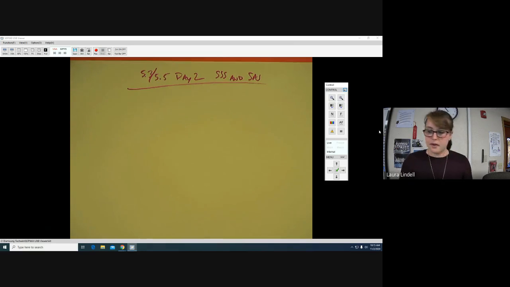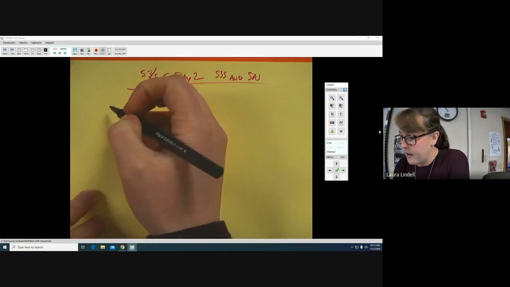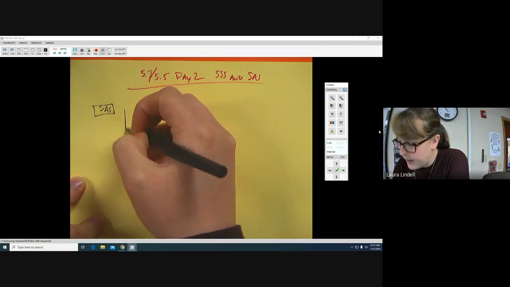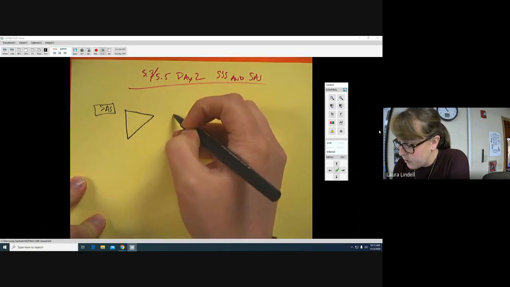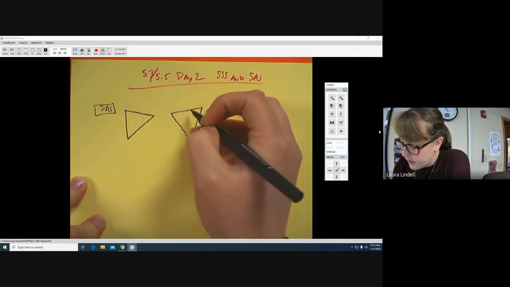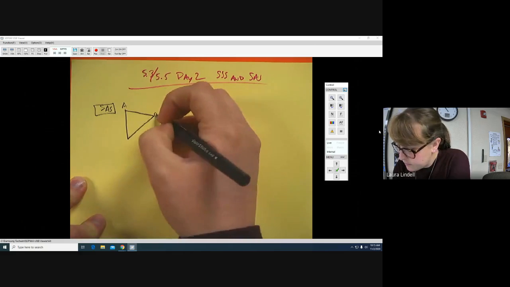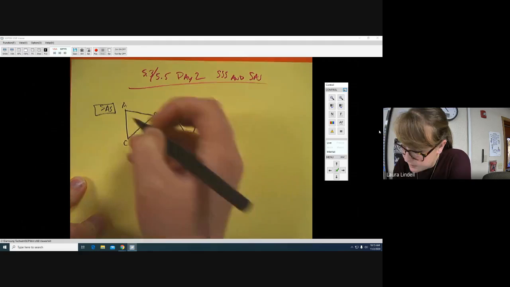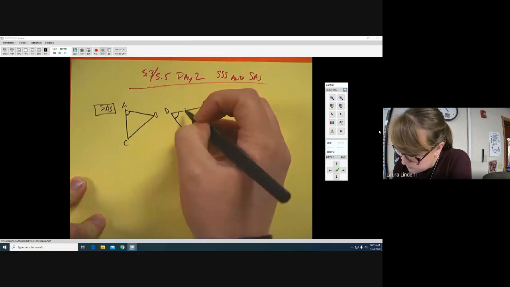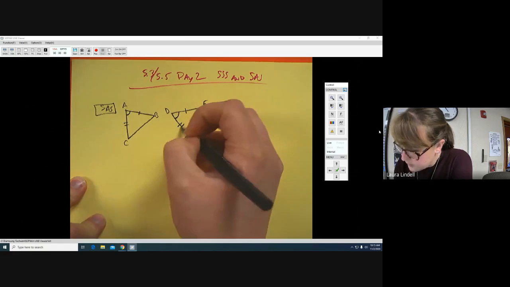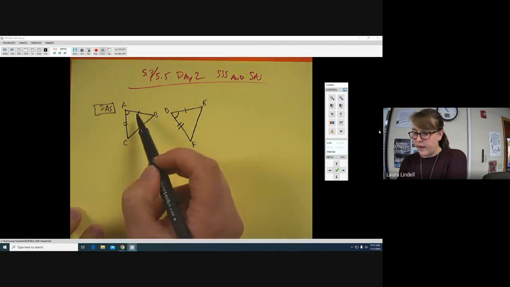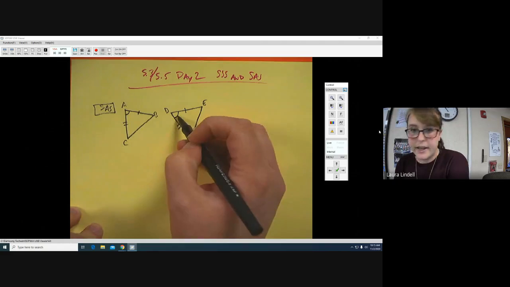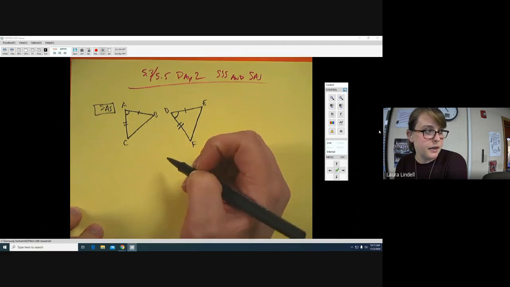So just a quick refresher. We had our two theorems, or postulates, we had SAS. So if we had triangles like this, if we had this sort of a situation where we had side, angle, side, side, angle, side, where this angle is the angle that's included between the two sides that we know.